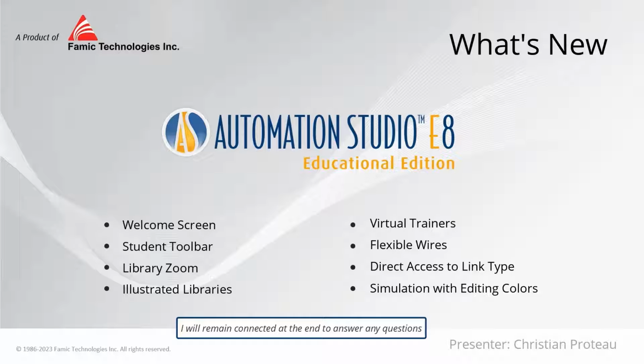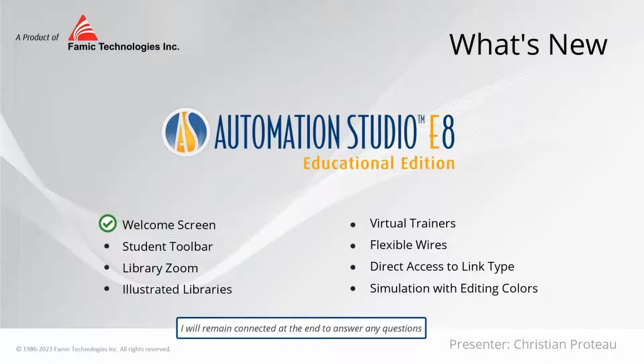Today we'll see the new welcome screen, the student toolbar, the feature of zooming bigger the symbols in the library, new illustrated libraries, the virtual trainers, flexible wires, direct access to link type, and simulation in editing mode. So thanks all for being here today, and let's start the presentation.